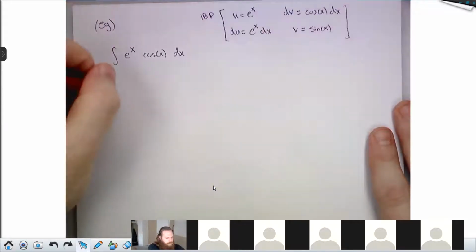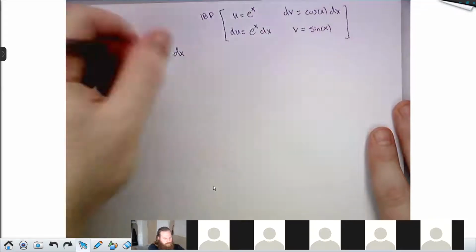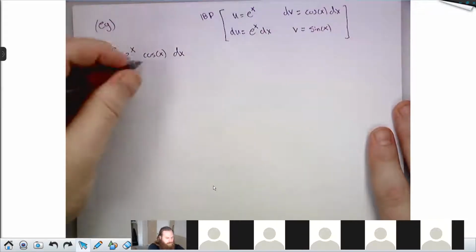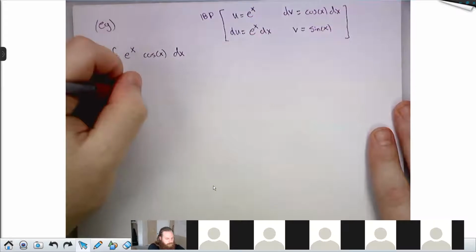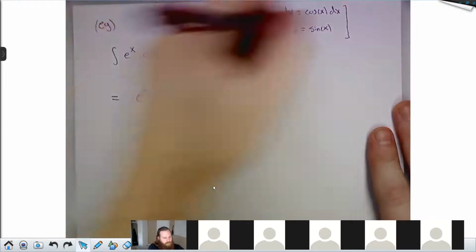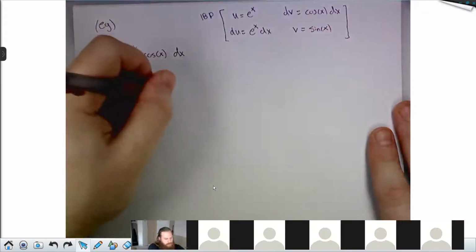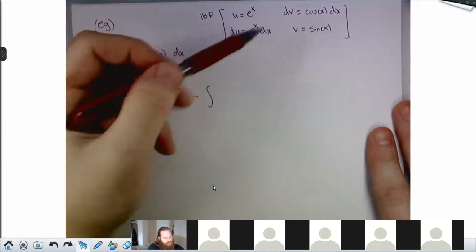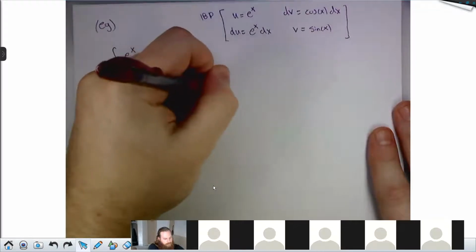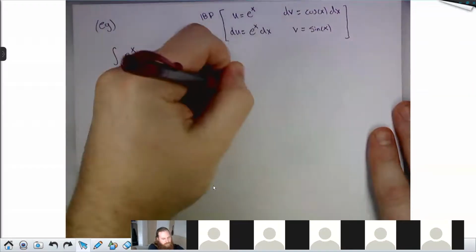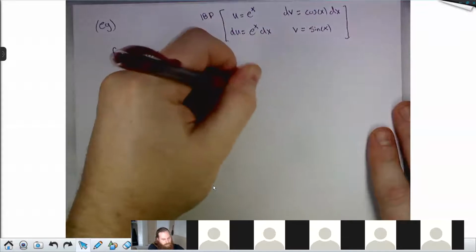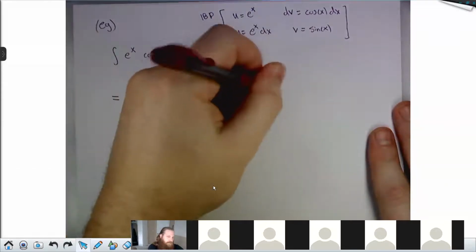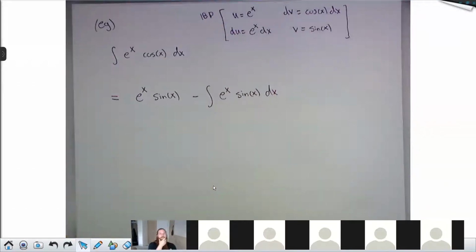And according to that IBP table, this integral, the integral of e to the x cos x dx, is equal to e to the x times sine x minus the integral of sine x times e to the x, which I'll write as just e to the x sine x dx like this. Everybody with me so far?